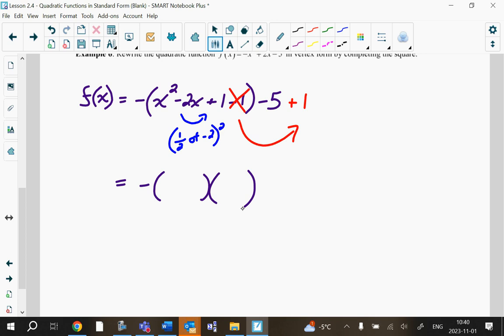What does this factor to? Remember, the numbers have to be identical: -1 and -1, -4. One more step: put the x -1s together with the squared, -4, and we've got ourselves vertex form.